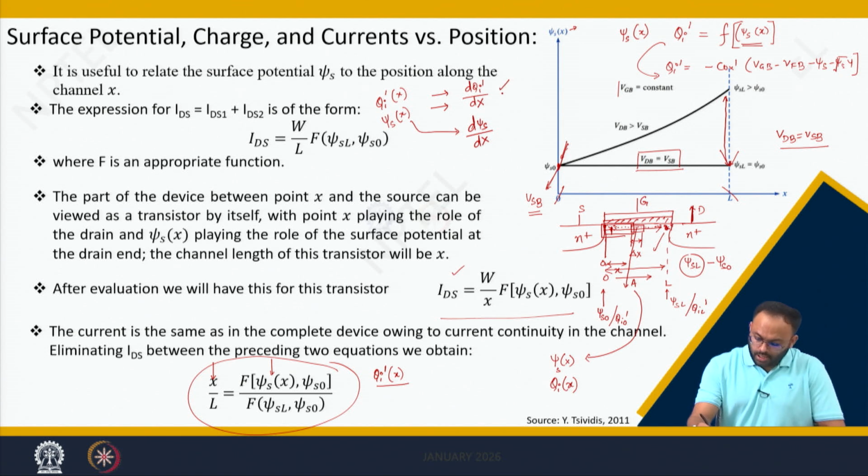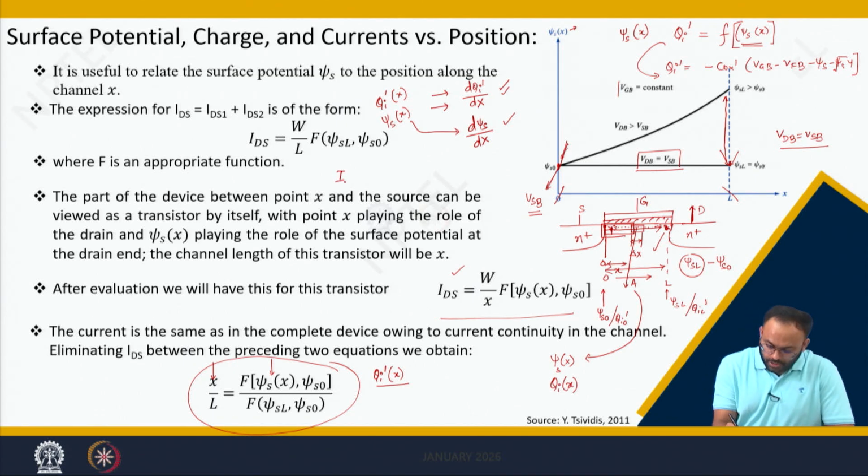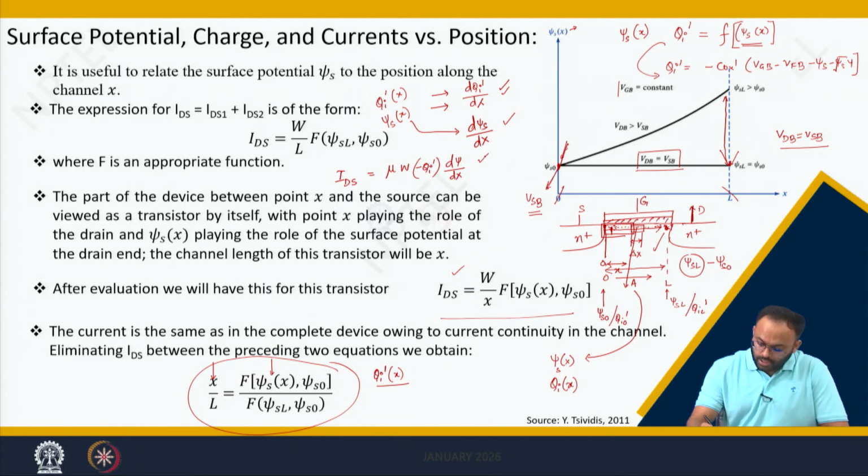These are important parameters to find the drift and diffusion components. If you see the drift component or IDS component, it is nothing but mu into W into minus Qi dash into d psi by dx. We have seen this many times in our previous lectures.